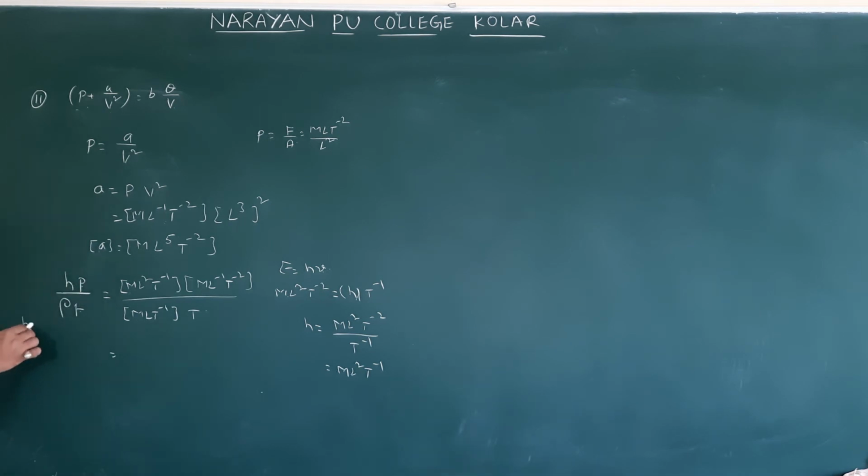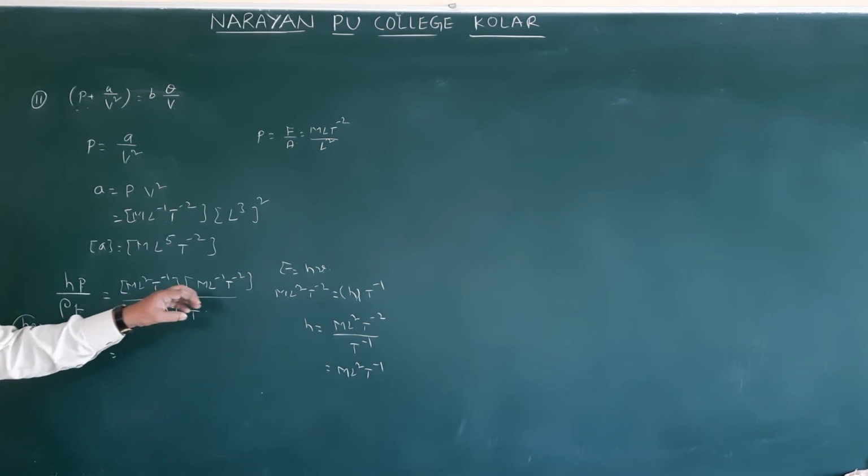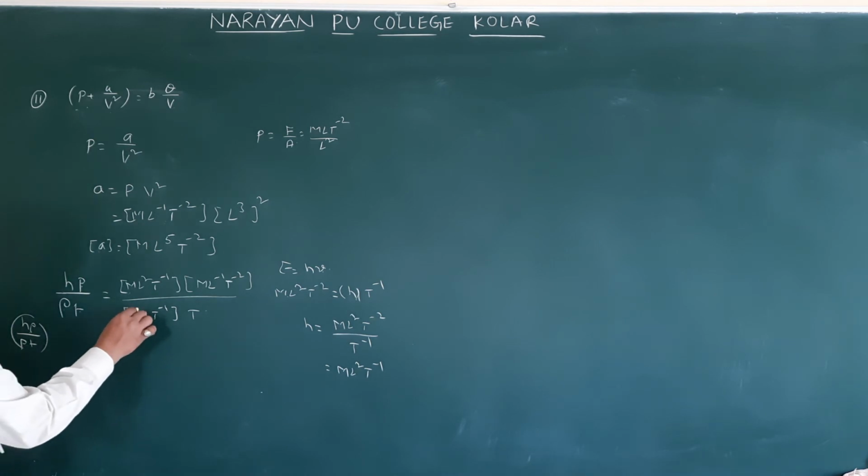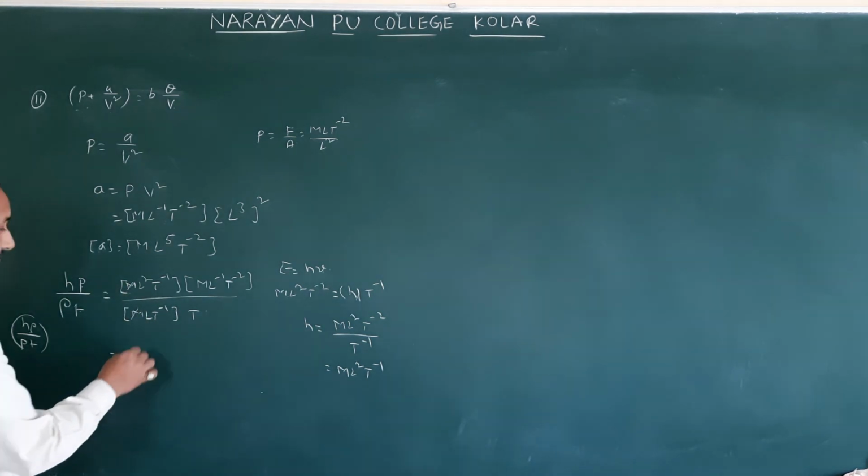They gave it reversed: hρ by PT. If you do hρ by PT, then you will get the answer that is in the options. If you do it like the original, M will be cancelled.